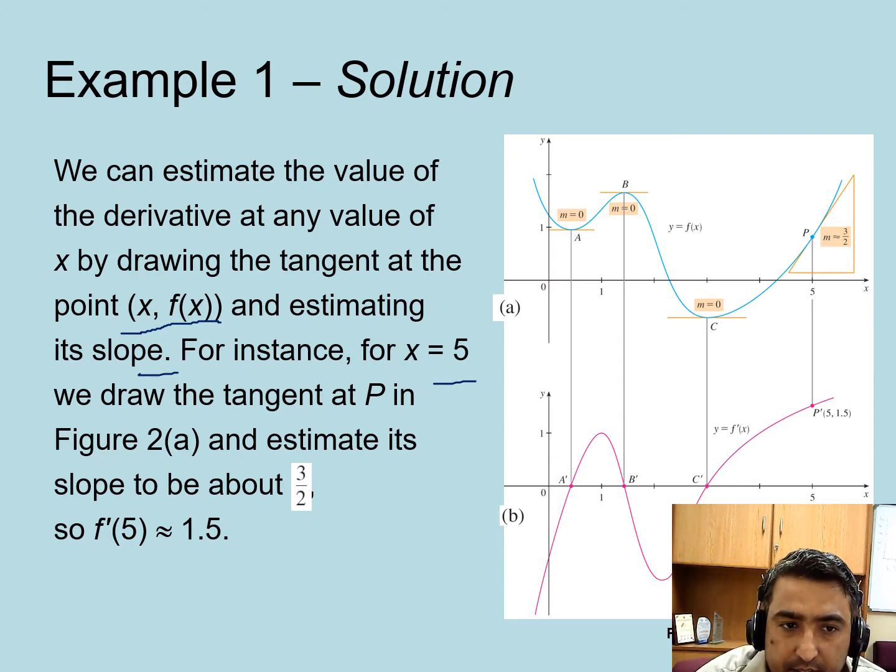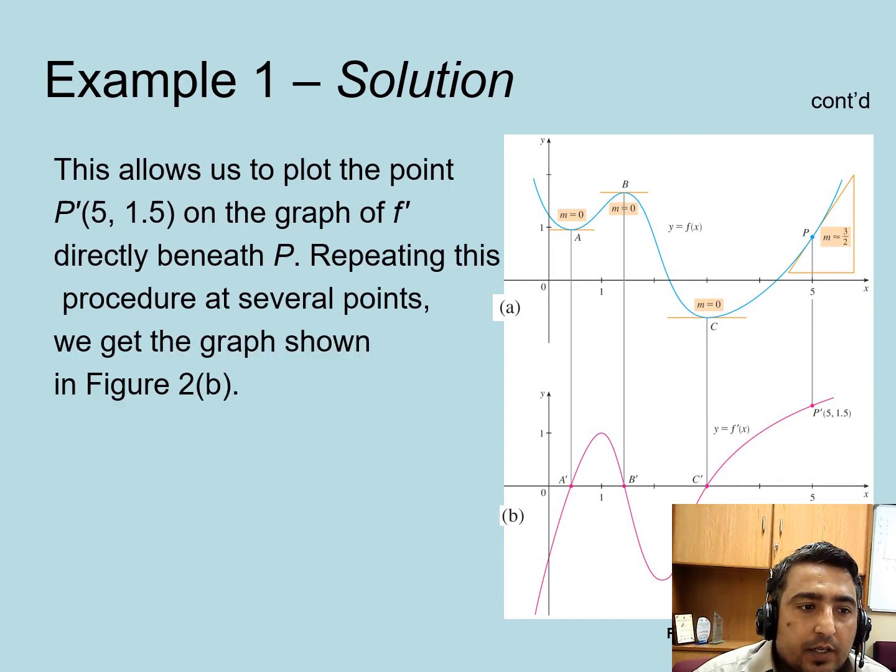Now this is x equal to 5, and this point, and then if you draw this, we get, for example, this value. At x equal to 5, the tangent slope is 3 by 2.